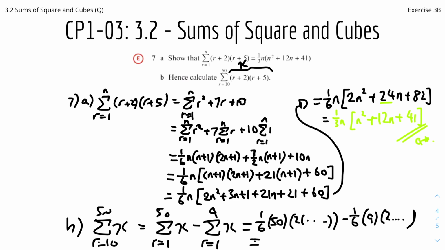And I put into my calculator the sum of r plus 2 and r plus 5 from r equals 10 to r equals 50 using the previous equation, which gets us 51,660. So 51,660, and that's the answer.